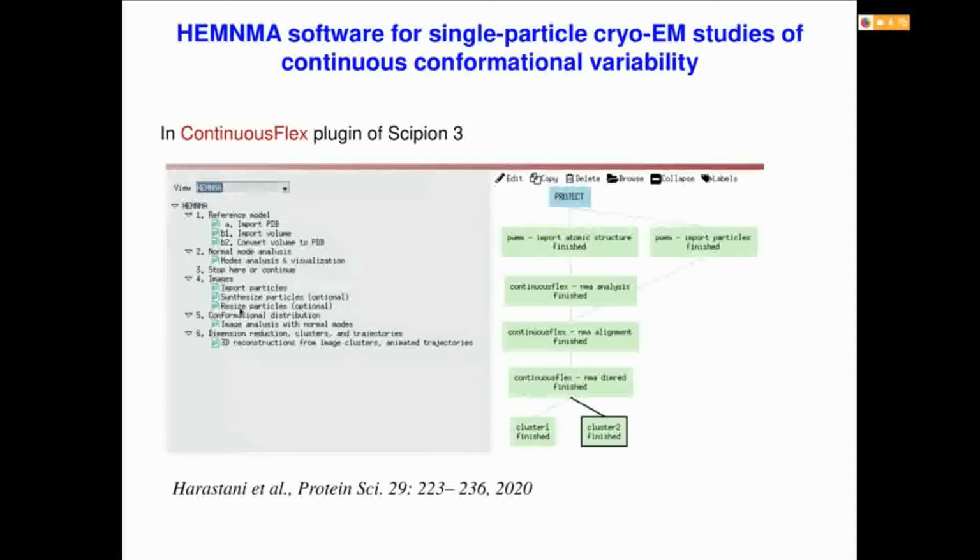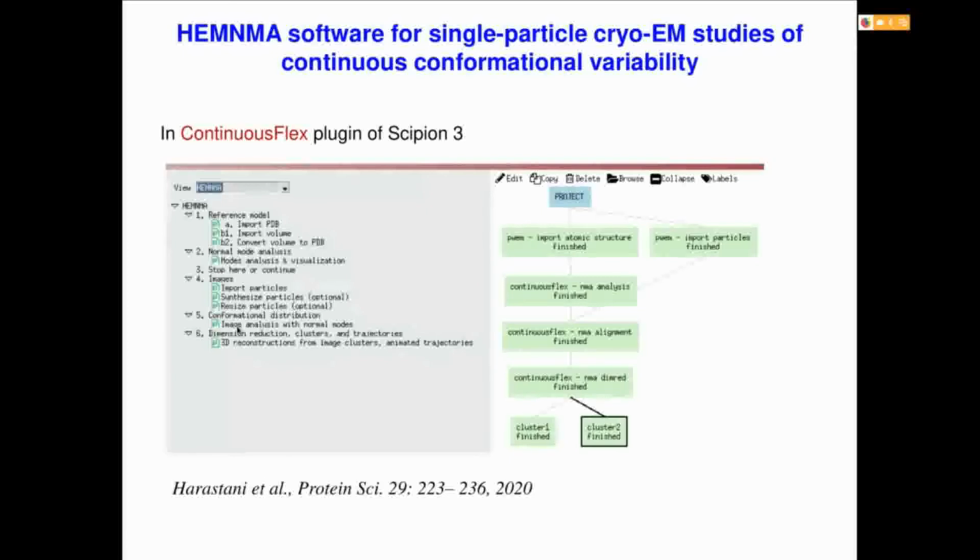Then you can also resize particles, resize images, which means make them smaller. This can be useful if your images are big and then you want to perform this analysis faster, and also can reduce the noise in your images, and you can get even better results by reducing the size.